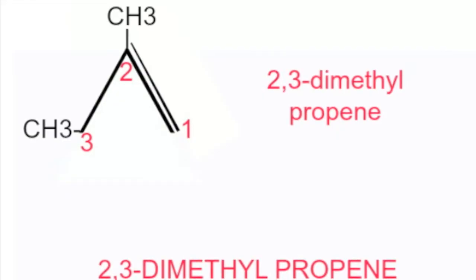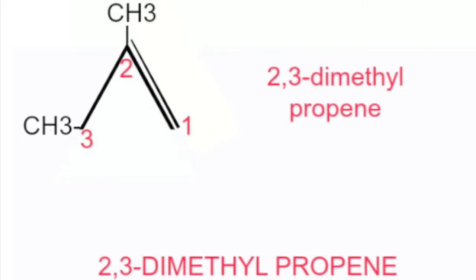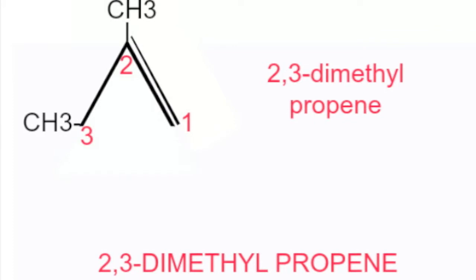Now that we know how to name alkanes, we're going to start naming alkenes. We're going to start numbering carbons from right to left, because here the priority is to leave the double bond in the smallest number. As you can see, there are 2 methyls. Therefore, it is dimethyl. First, we write the positions 2 and 3, and then the name, dimethyl.